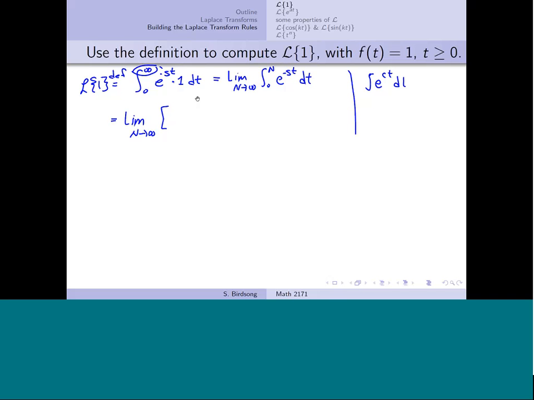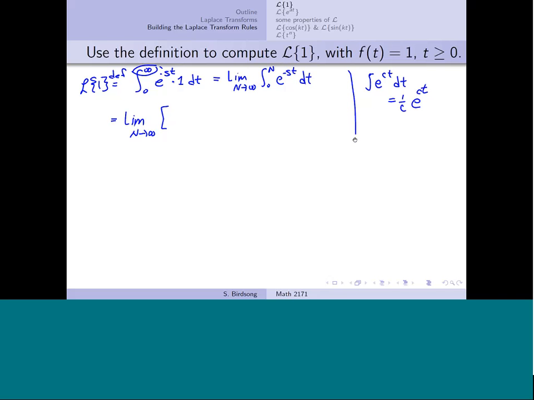Anybody remember what the antiderivative is if you have e raised to some coefficient, some number, times t? Oh, yes, I see the answer for this one here. I'll do it in 2 steps for everybody else. Technically there's u substitution involved, where your u would be c times t.